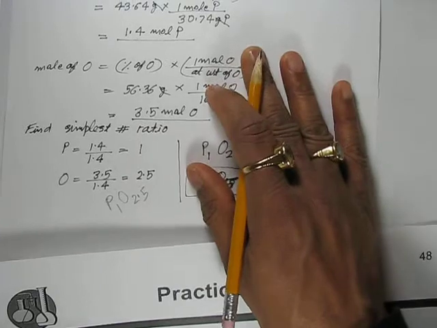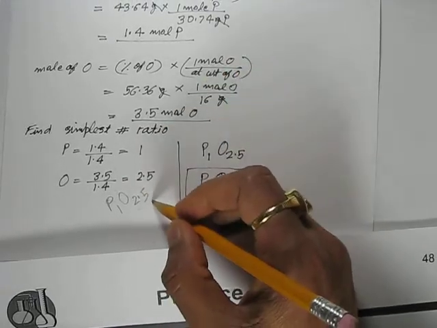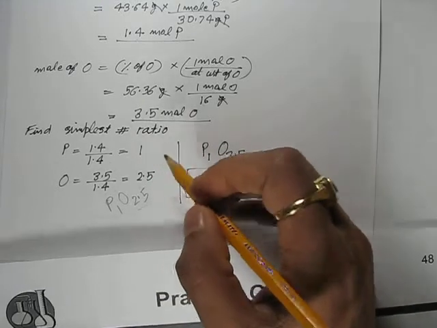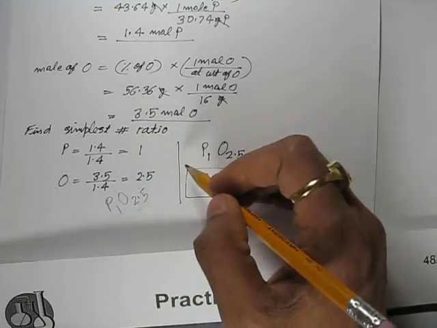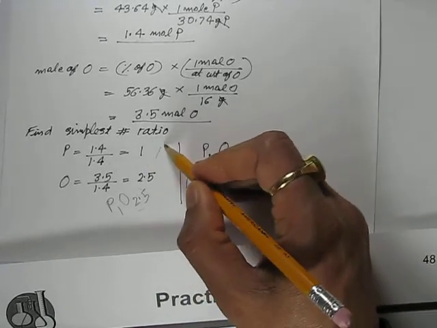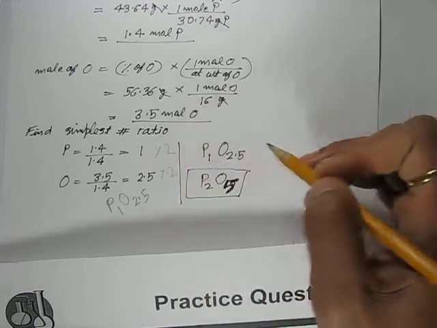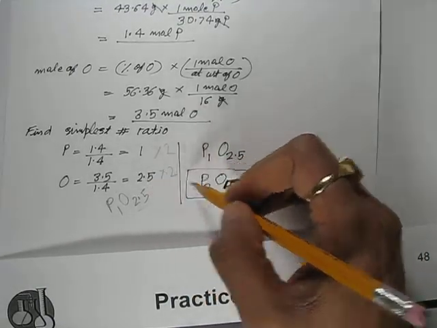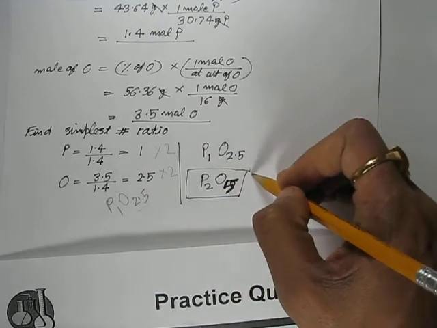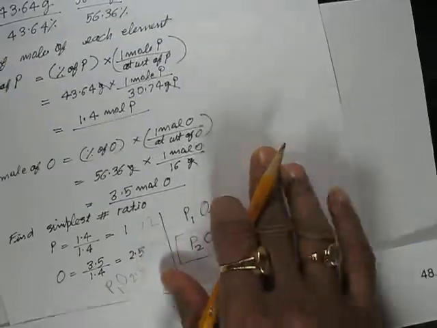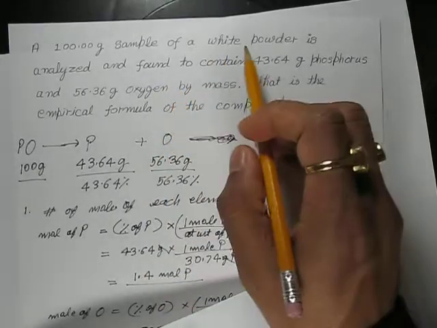But in an empirical formula we never write any element as a fraction, so we have to multiply these numbers by some quantity so that we get whole numbers. The easiest way is to multiply by 2, then phosphorus becomes 2 and 2.5 multiplied by 2 becomes 5. So this would be the empirical formula P2O5 for this question, where it said 100 gram of white powder.